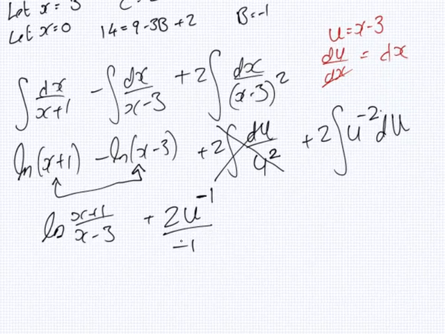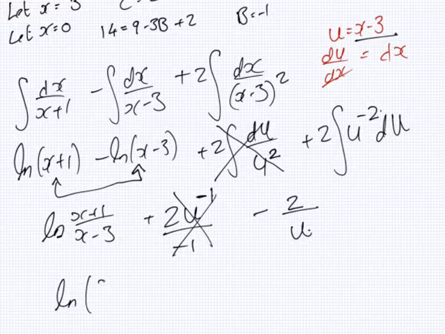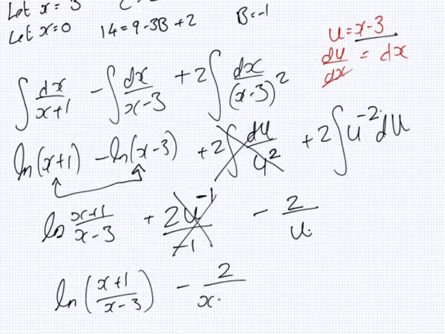So again, I won't leave it like this. I'll change it into minus 2 over u. And we know what the u is. It's x minus 3. So we're finished with log x plus 1 over x minus 3 minus 2 over x minus 3 plus c.